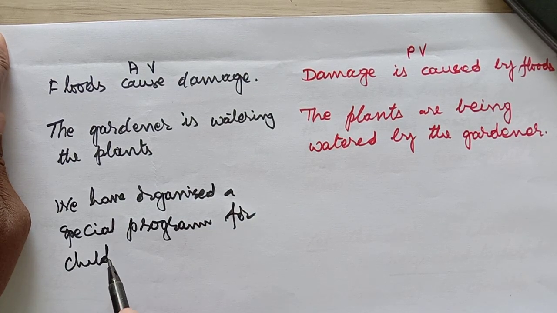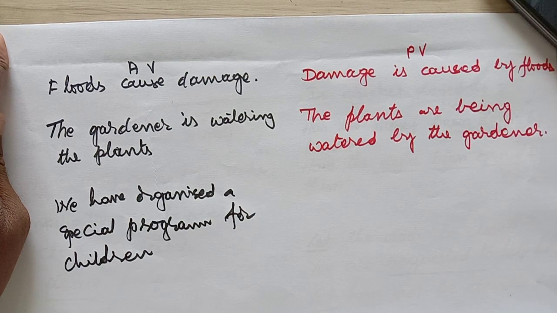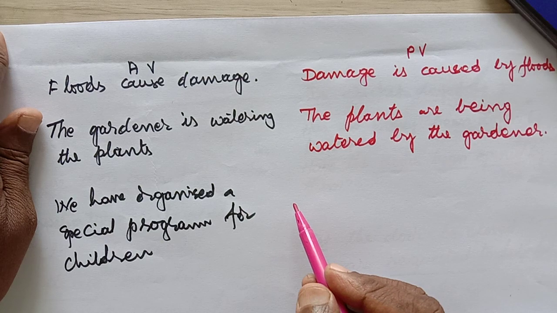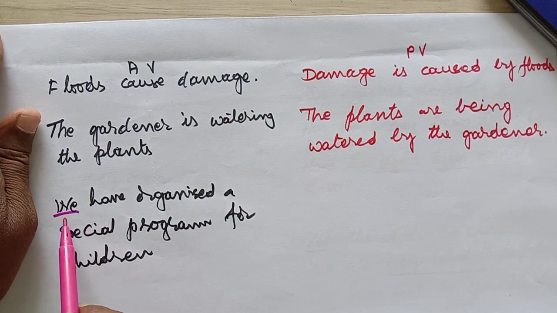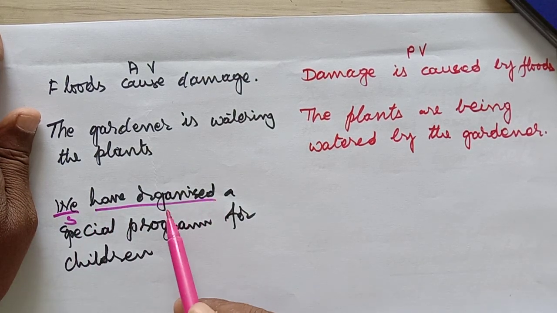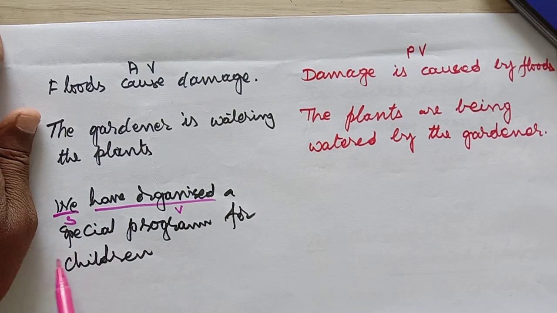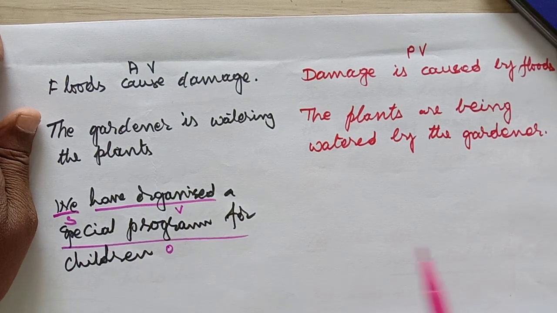Okay. Now we can directly convert this statement into passive. Which is the subject here? We is the subject, have organized is the verb, a special program is the object.